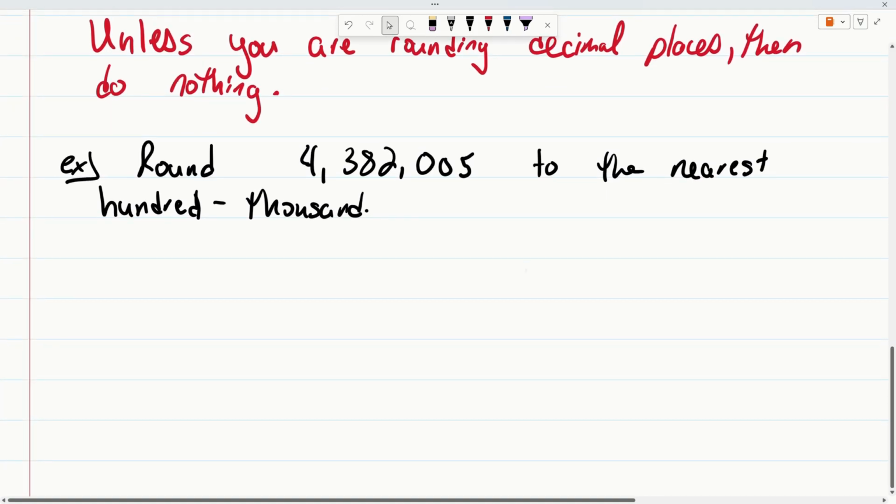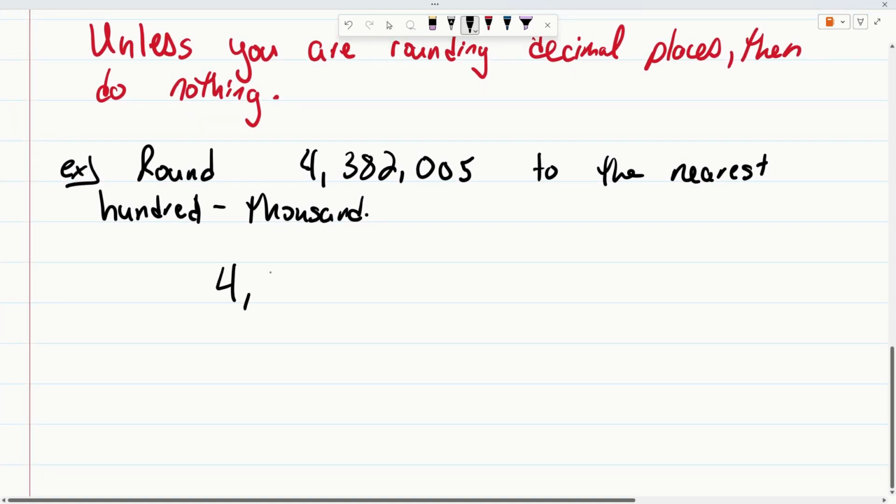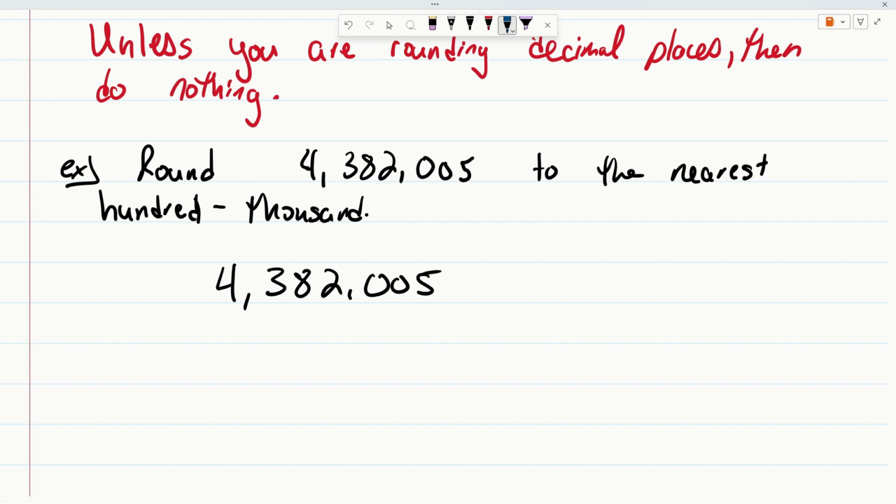So I'm just going to rewrite the number, and then I'm going to follow my steps. Step 1, find the place value. Well, remember, going from right to left, there's the ones, tens, hundreds, 1,000, 10,000, 100,000. So I'm going to underline the number 3 because that represents the 100,000 position.